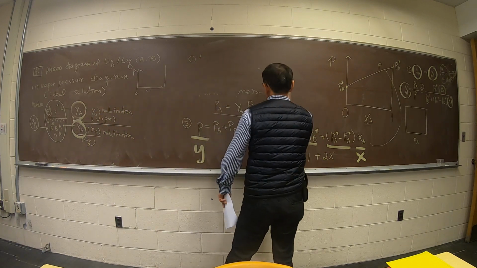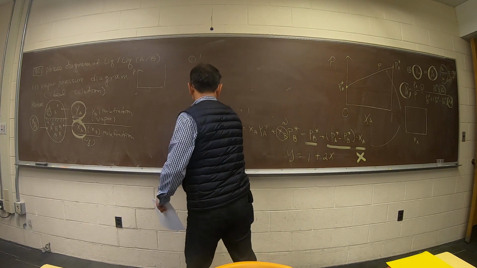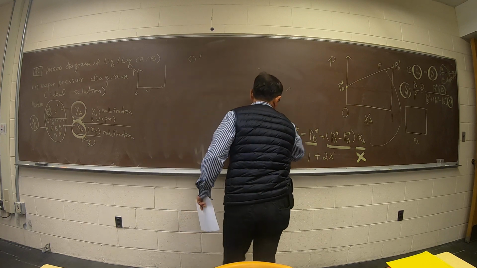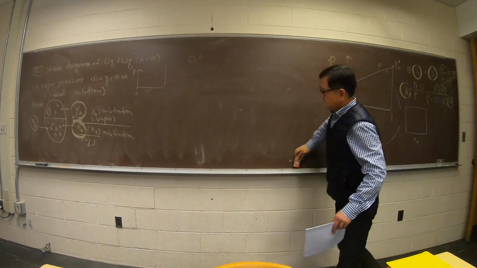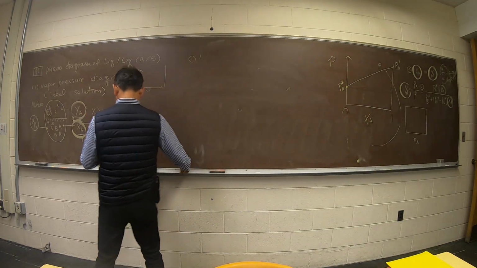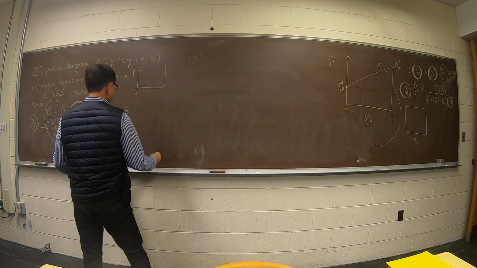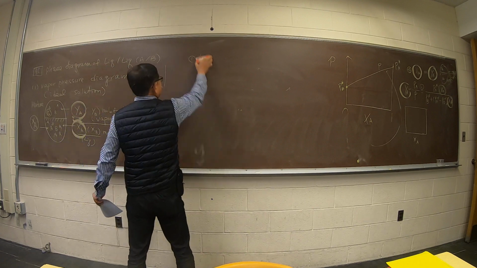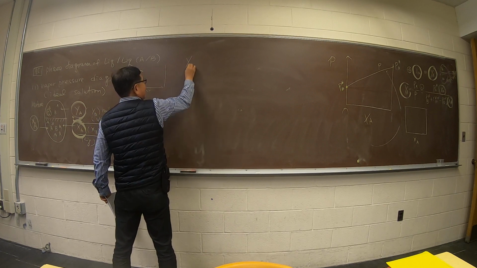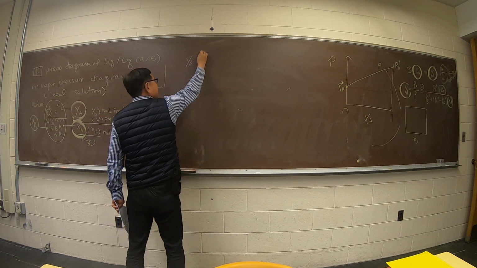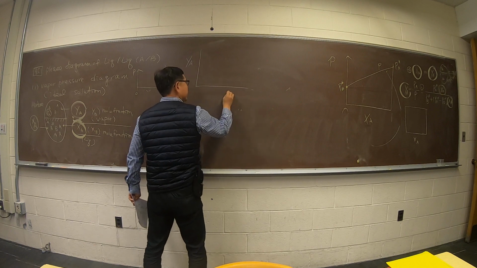This is an equation, and so now I have an equation for YA. So I want to draw this one versus XA.